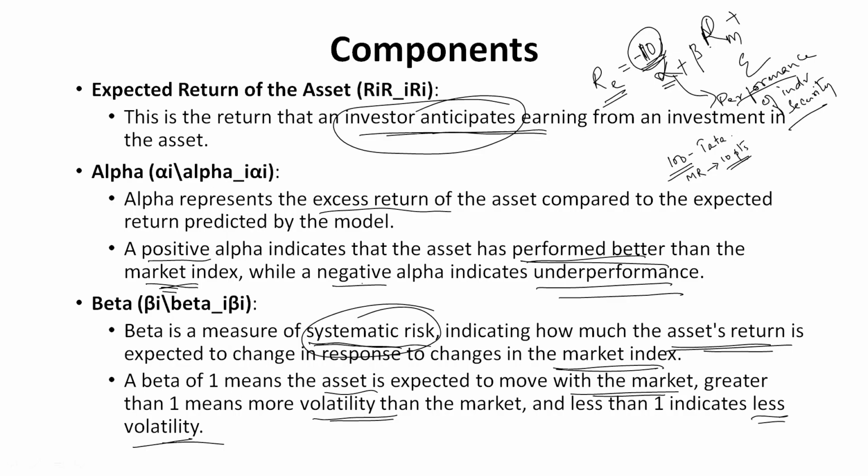Now coming to beta. Beta, as we have already seen, talks about the systematic risk, means the risk which the company doesn't have control over. So I purchased the stock of Tata. Tata has no control over these beta factors.